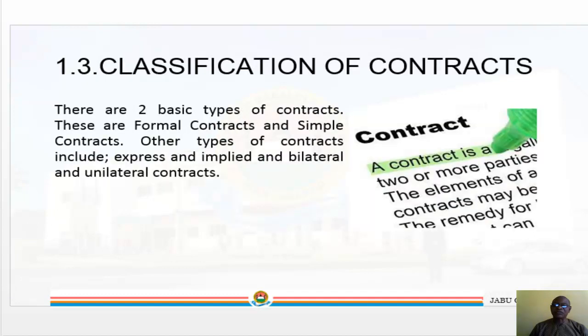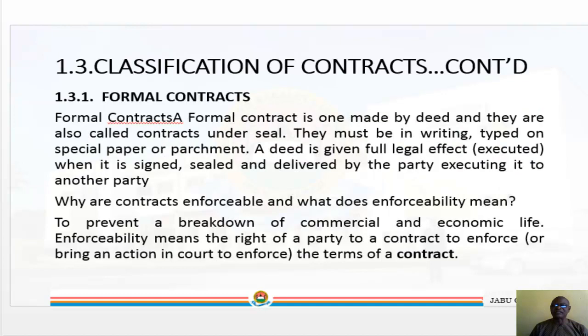There are two basic types of contracts. These are formal contracts and simple contracts. Other types of contracts include express and implied, and bilateral and unilateral contracts. Formal contracts are contracts that are made by deed, and they are also called contracts under seal.